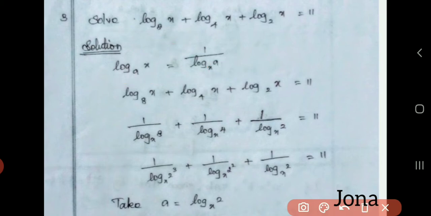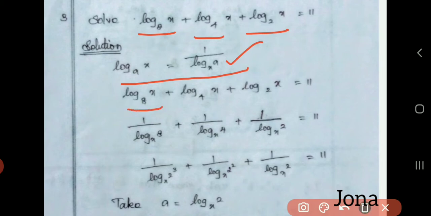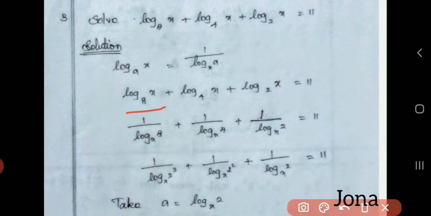So log x base a equals 1 by log a base x. I am going to use this formula for these three terms. For the first one, I can write 1 by log 8 base x, for the second one 1 by log 4 base x, and for the third one 1 by log 2 base x.